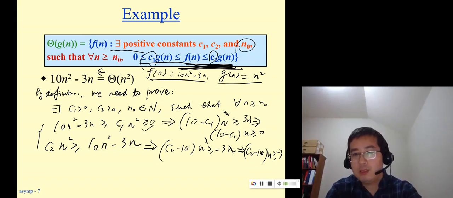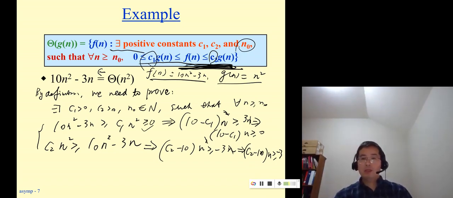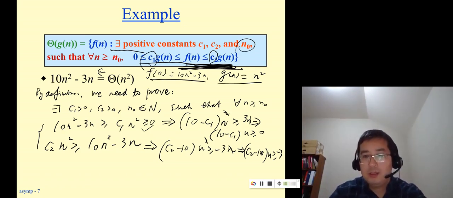Okay, so next you need to solve C1, C2, and n. Make this one positive for any n larger than n0. Of course you need to choose n0. If this one is positive, this one must be positive.